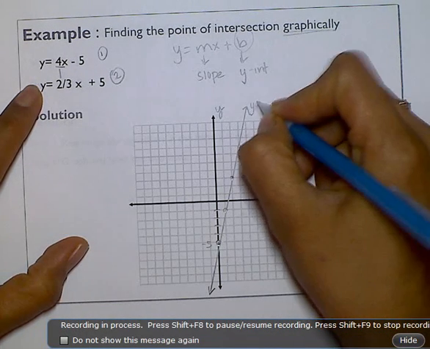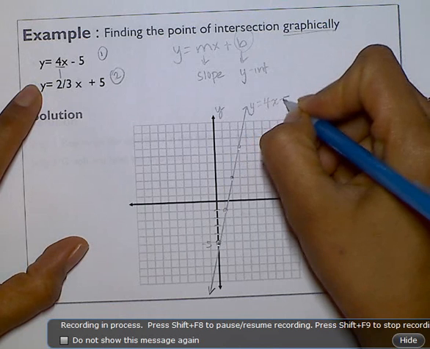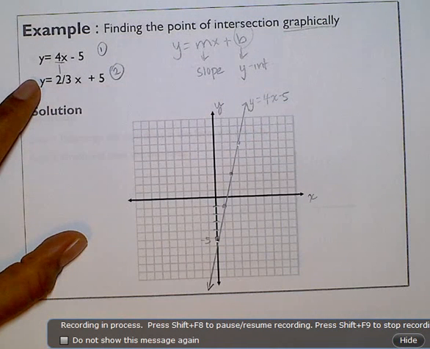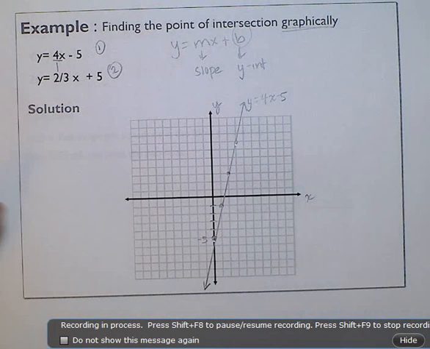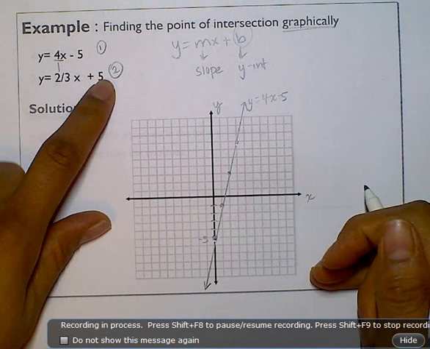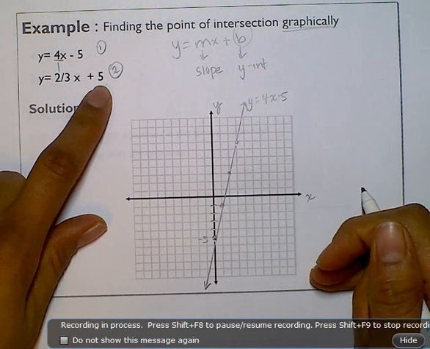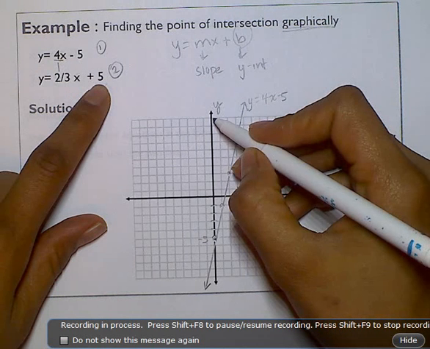I'm going to grab myself a different color pen so I can distinguish between the first line and the second line. My second line, my y-intercept is a positive 5, so I'm going to go ahead and plot 5 on the y-axis. That's 1, 2, 3, 4, 5. And my slope is 2 over 3, so my rise is 2, run is 3.